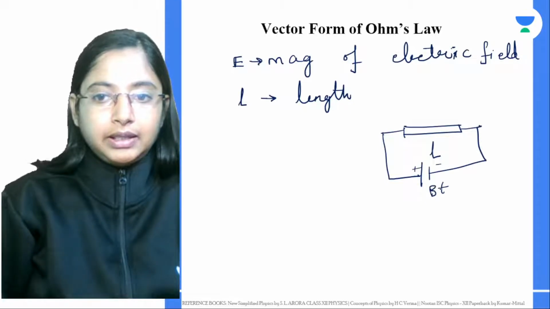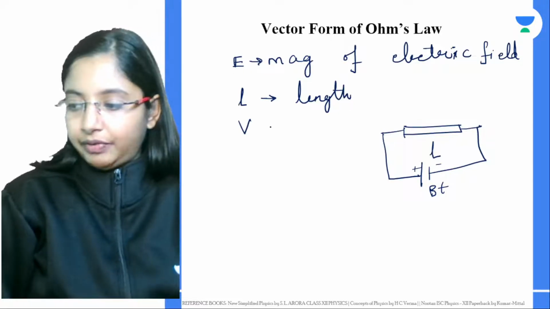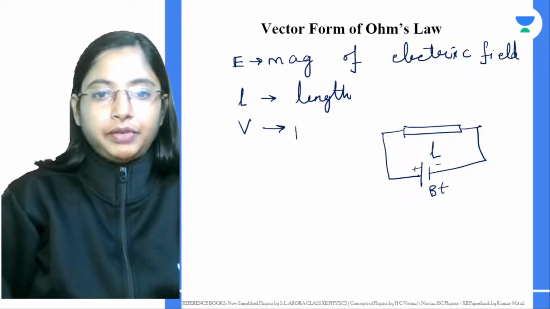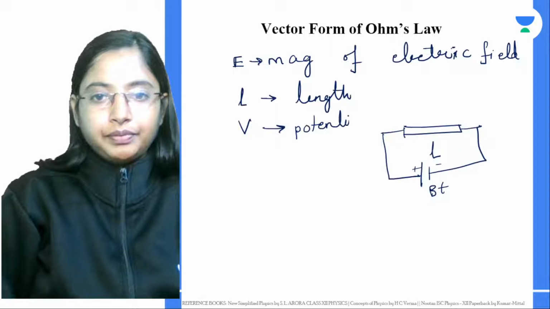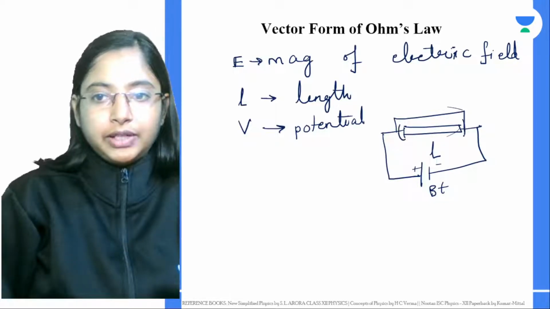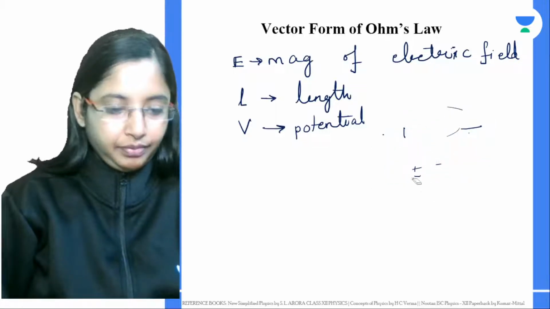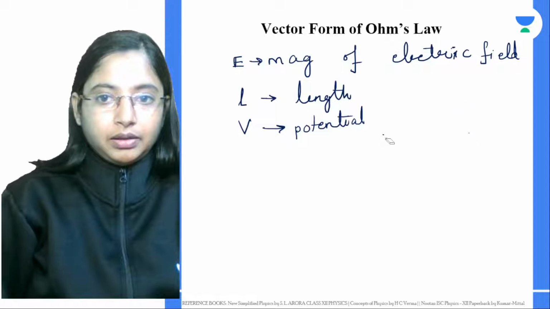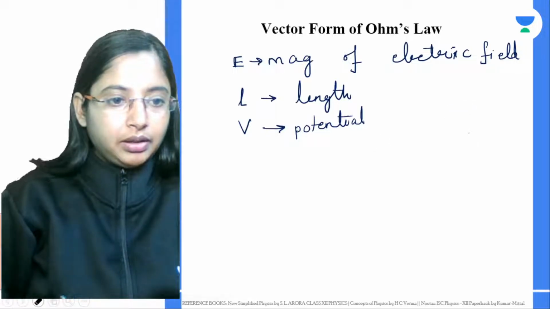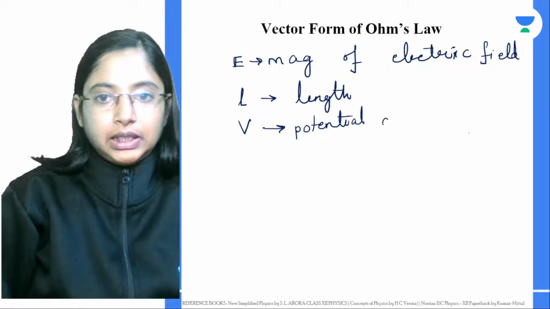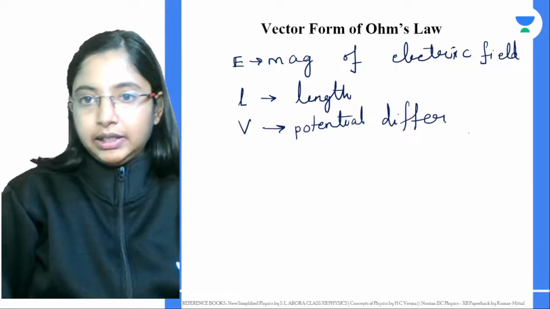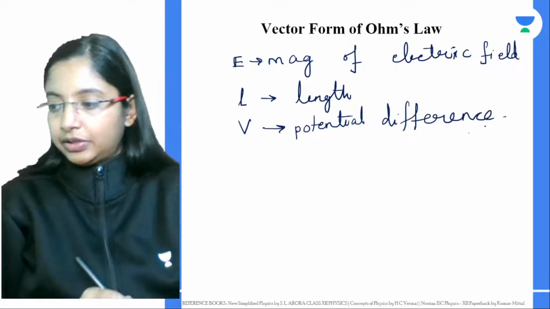Let's say this potential that you're applying is given by V. This V gives you the potential difference developed across the ends of this particular conductor.